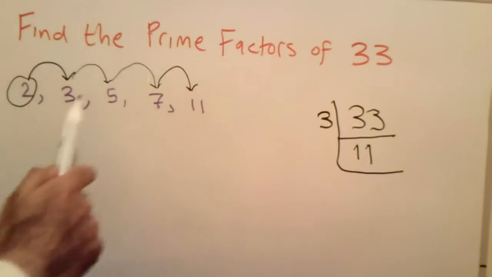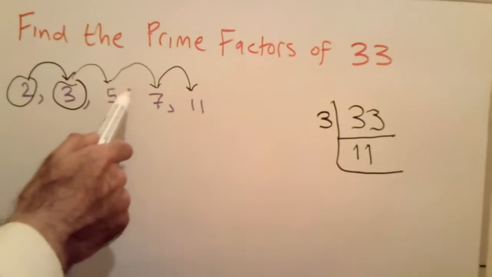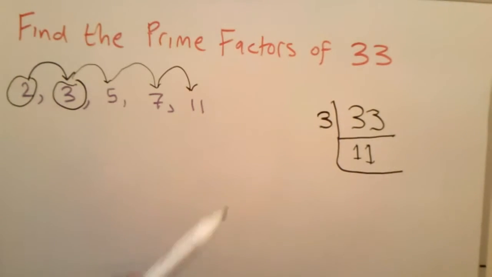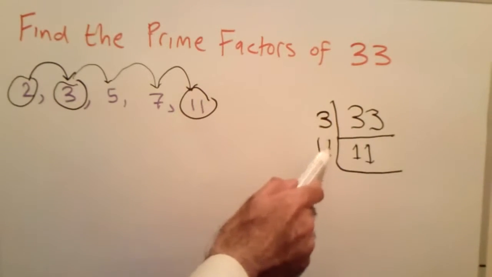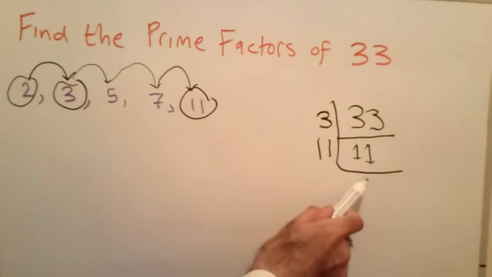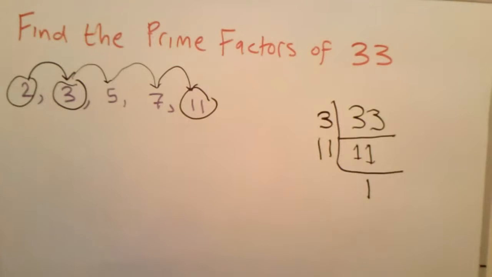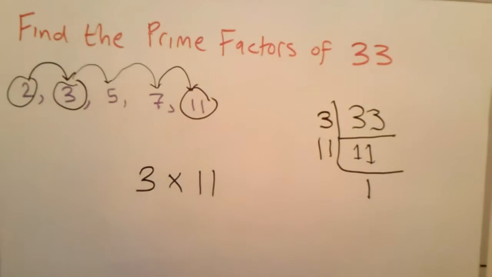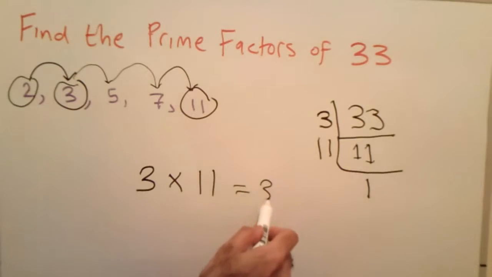After 3, we don't need to check 5 or 7, because the number here is already a prime number. We go straight to 11 and just write down 11. 11 divided by 11 is 1. And then we're finished. So the prime factors of 33 are 3 times 11, which is equal to 33.